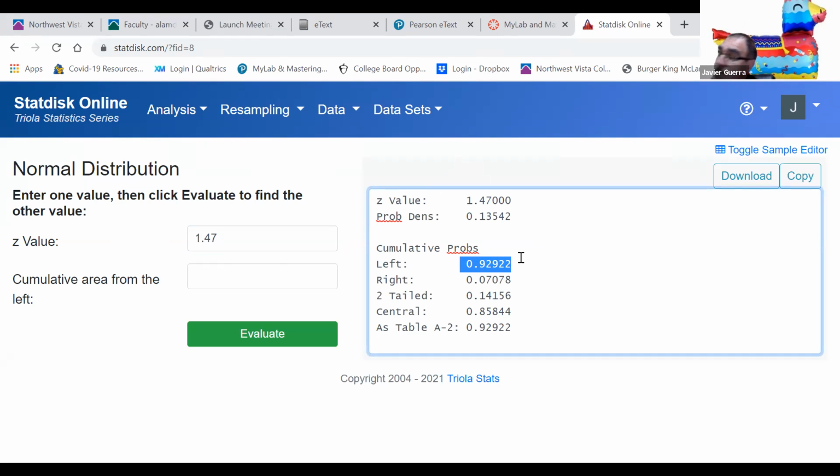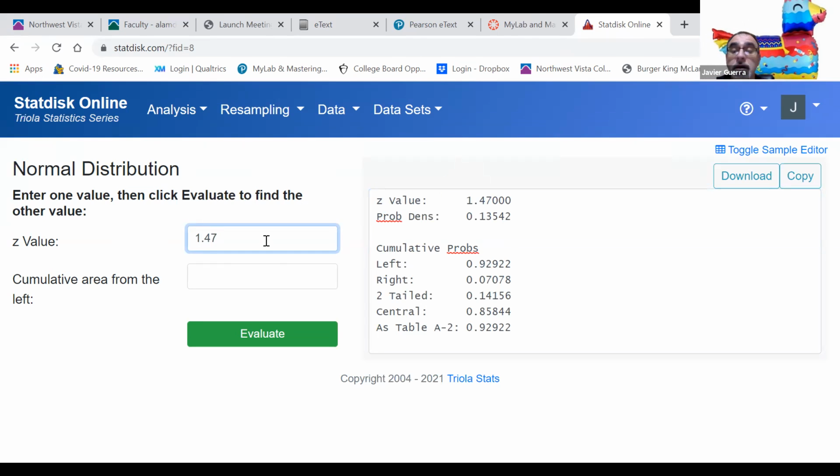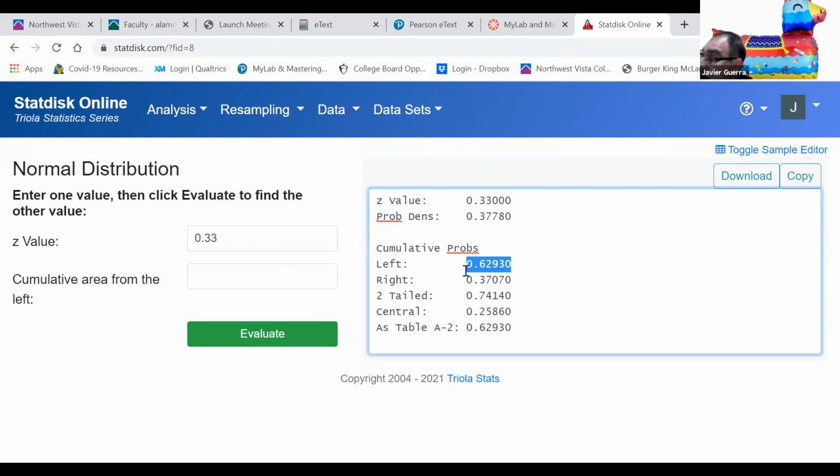Minus. Now I gotta put the other one. 0.33. 0.6293.